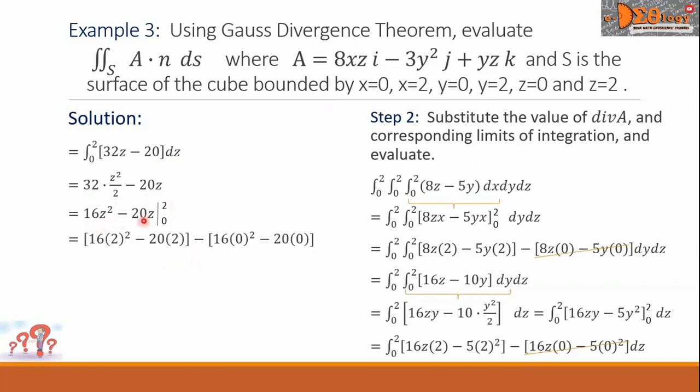We evaluate the function at 2 for the first group, minus the function at 0 for the second group. In the second group, because of the 0, this will be cancelled. Then we simplify the first group. So we have 64 minus 40, and we have 24 as the final answer.